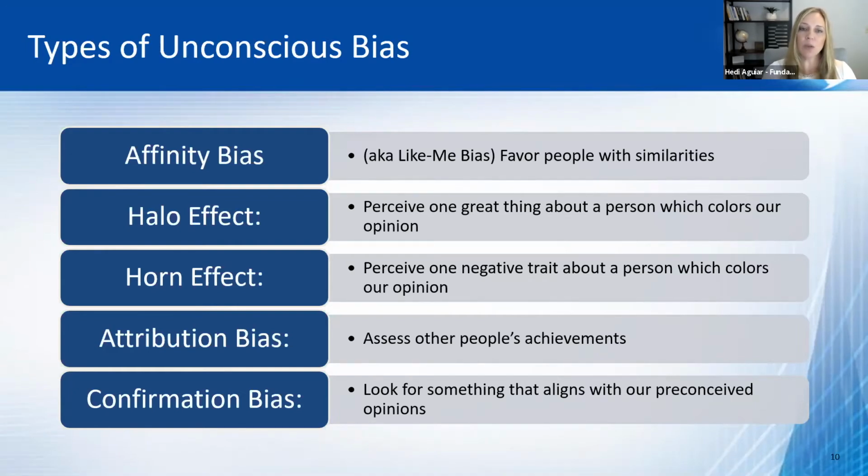Halo effect is where you perceive one great thing about a person and it colors your entire perspective of them, and there's no room for changing your mind or seeing anything balanced in that. And on the opposite end, you have the horn effect. This is where you see one negative thing, and you get hung up on that and you cannot see anything else that's going on with that person or have any other opinion about them.